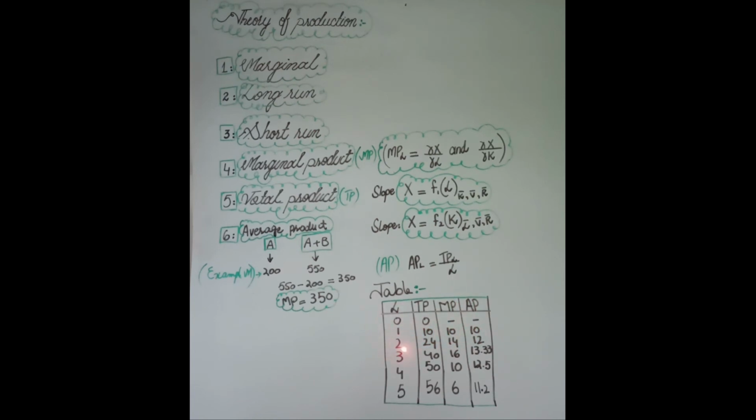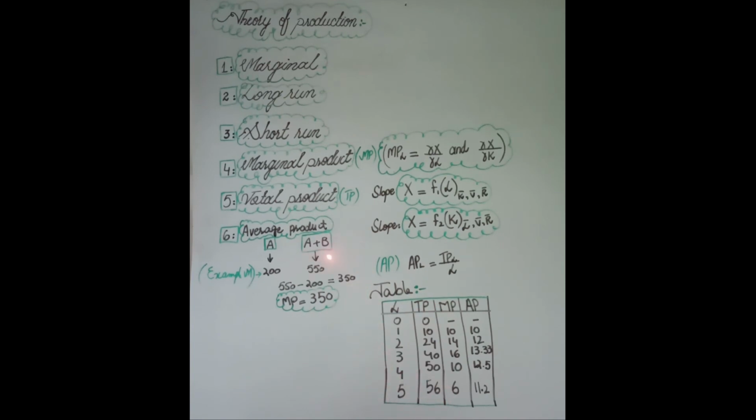Then we increase labor from 1 to 2 units. There is an increase in marginal product of 14. When we add the marginal product 10 to 14, it becomes 24. So the total product is 24. One by one you have to calculate all the values corresponding to each row. According to the table, you should understand by yourself.